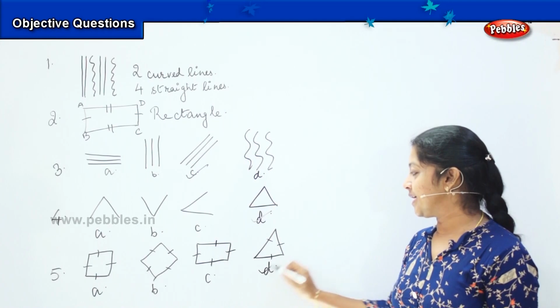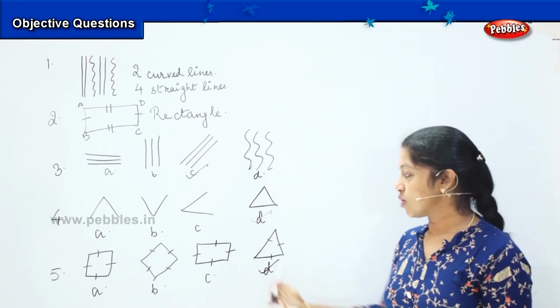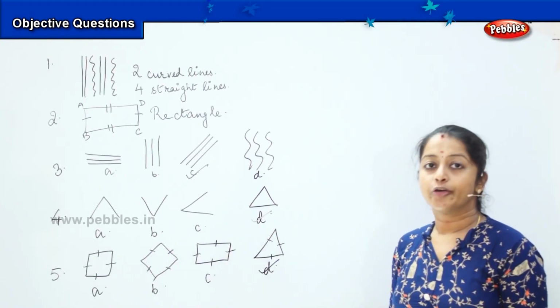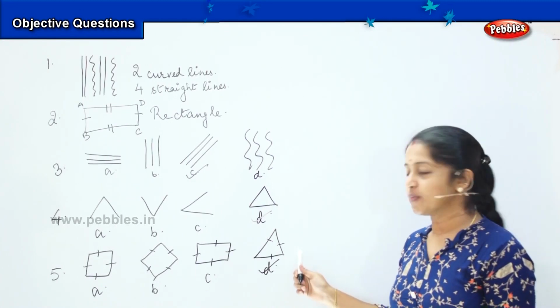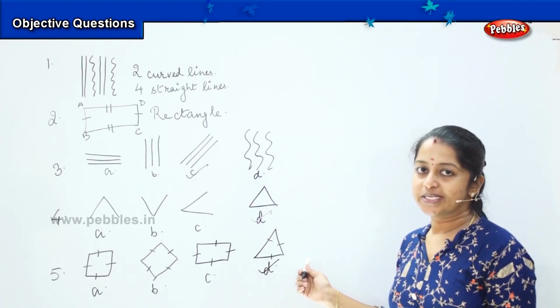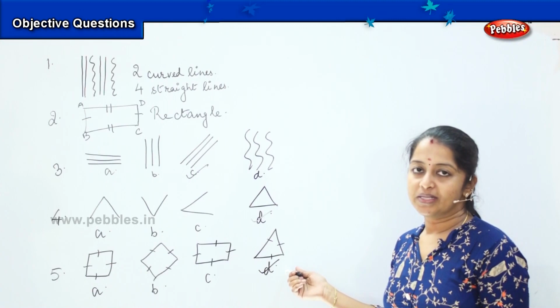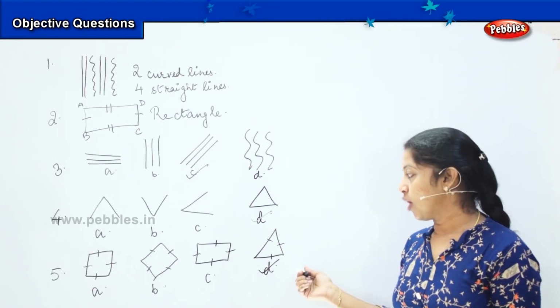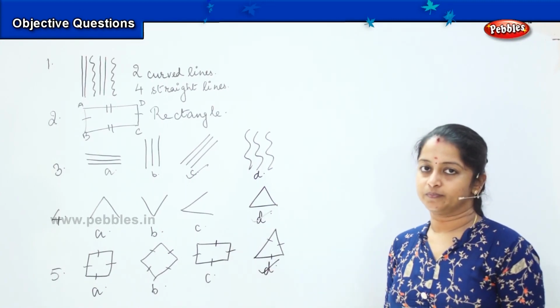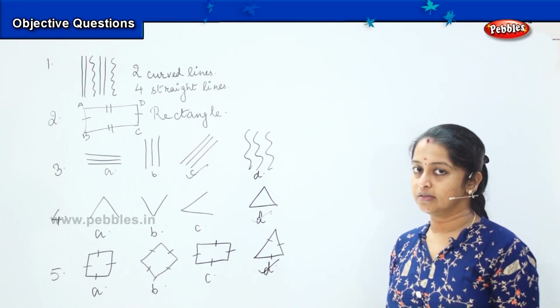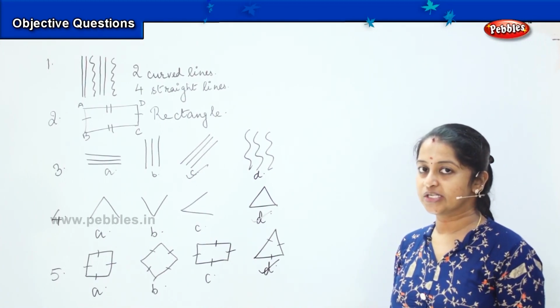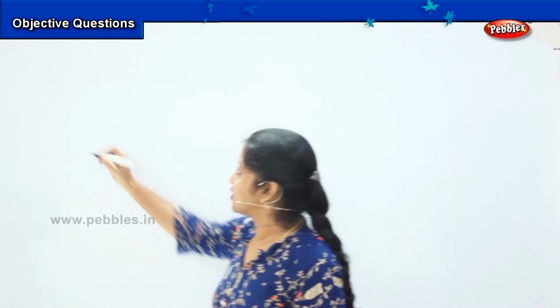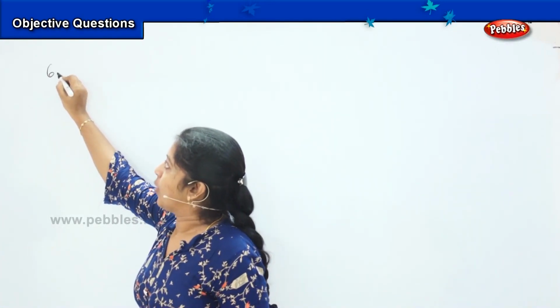True. Option D is odd one out because all the figures have got 4 sides whereas option D has only got 3 sides. So your right answer will be the triangle, which is the odd one out among the lot given. So is it clear? Shall we do the next question? So here comes your 6th question. Now among these diagrams, you have to identify which of these is not a square.